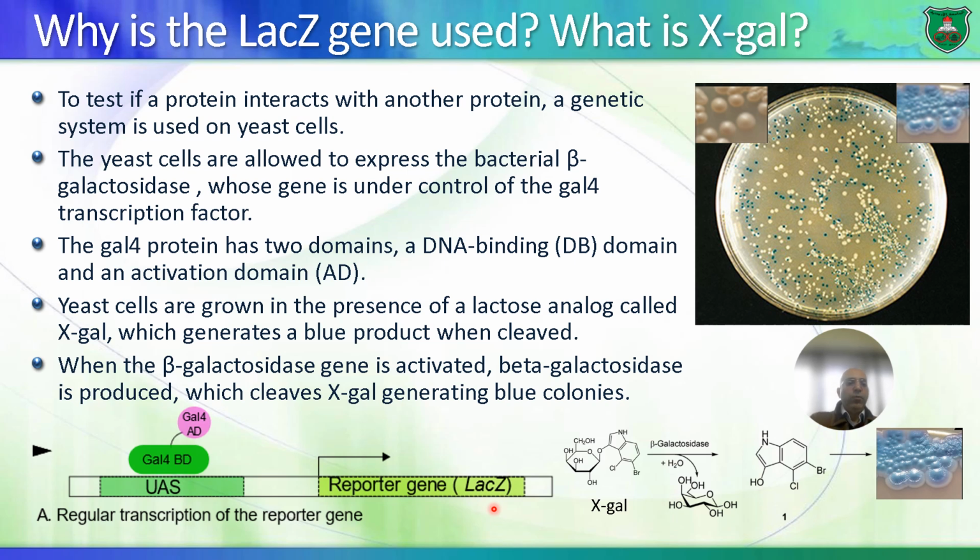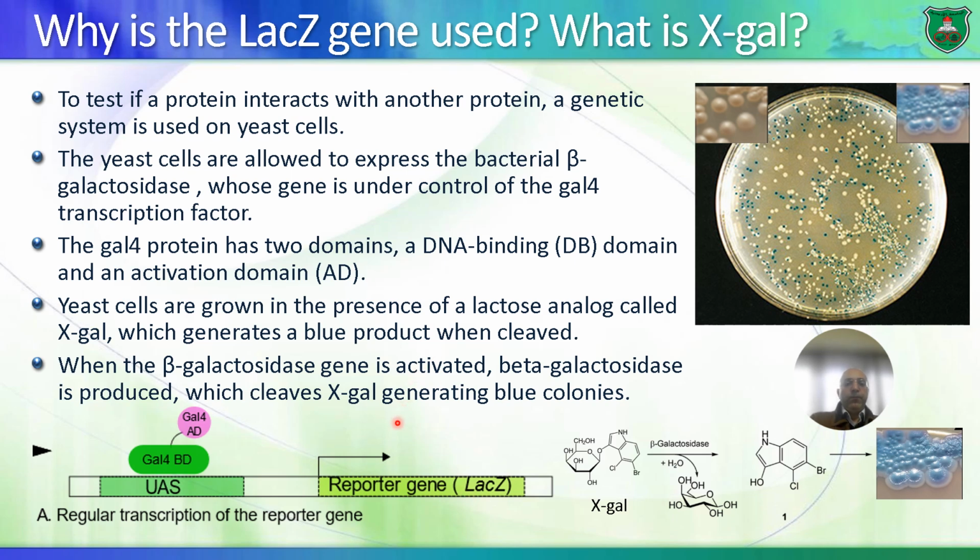So we use a regulatory element from yeast, and we put it in a DNA upstream of a reporter gene, and the reporter gene is the bacterial beta-galactosidase gene that cleaves lactose. Got it so far?